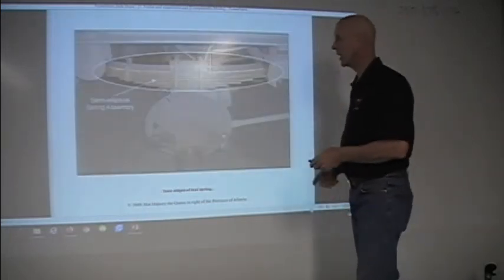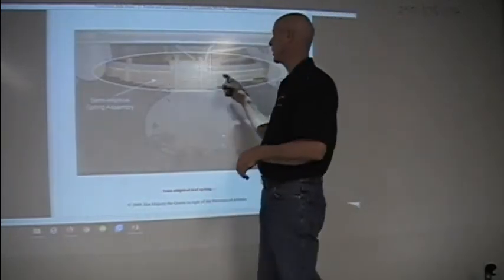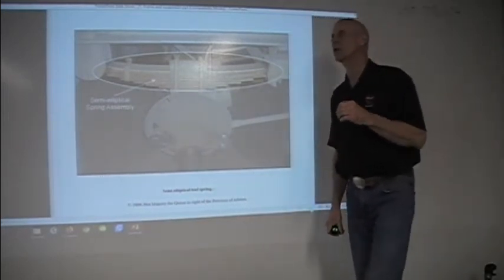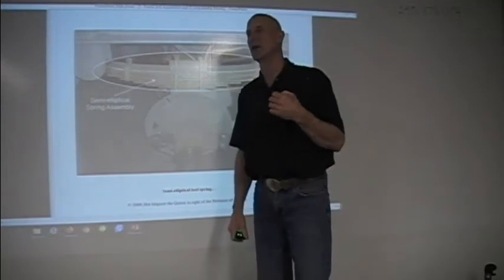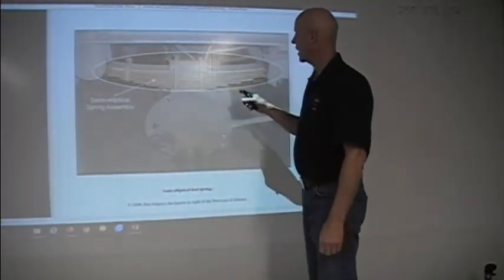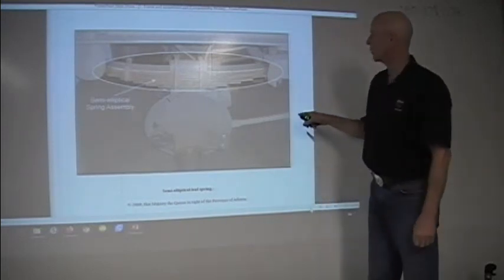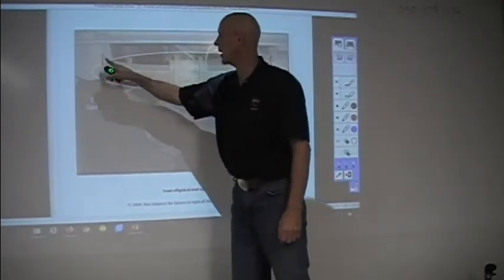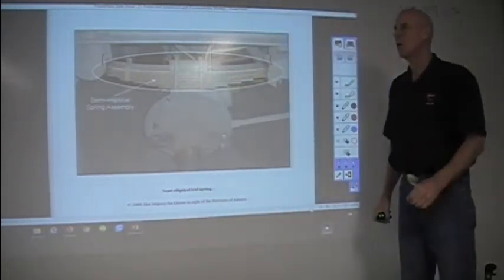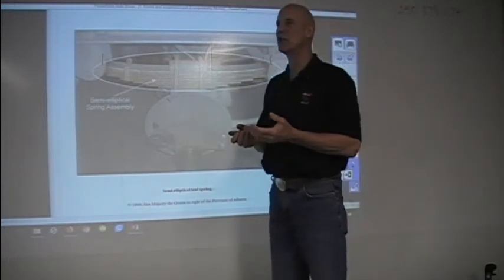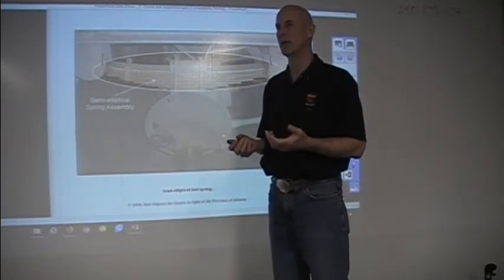Now, when we take a look at a semi-elliptical spring, there's two things that we want to take a look at. One's called a constant rate spring and one's a variable rate spring. Because this one has a rod here and our contact point is here and here, this is called a variable rate spring because we can change the length of that spring.